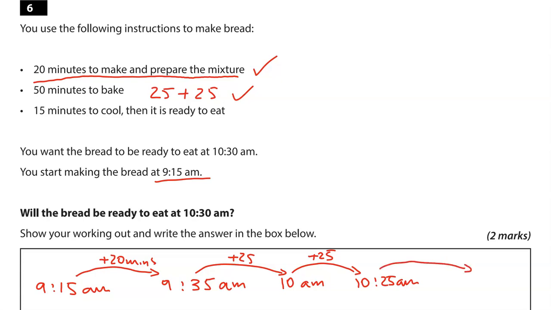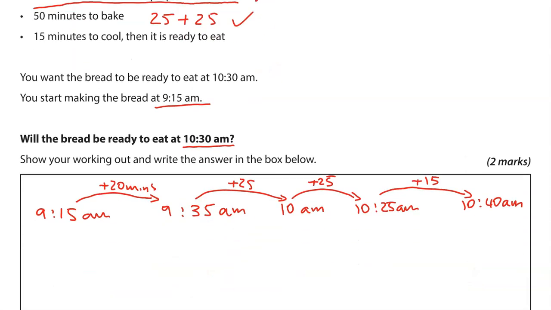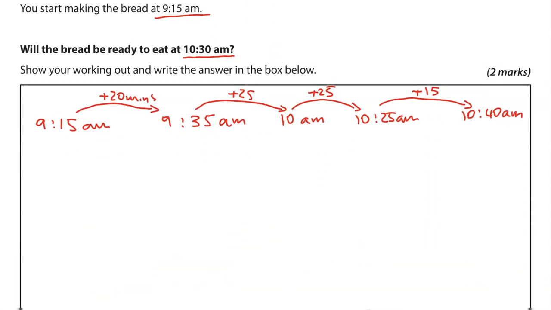So 25, if I add 15 to that, it's going to give me 40. So 10:40 a.m. Will the bread be ready to eat at 10:30 a.m.? No. I'm going to say 10 minutes later.